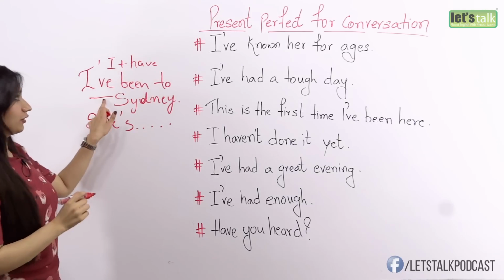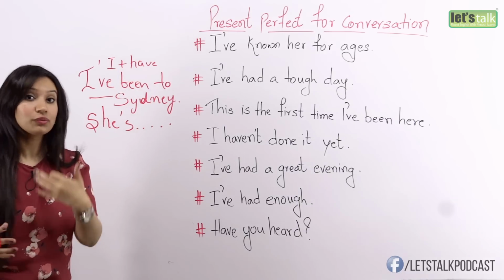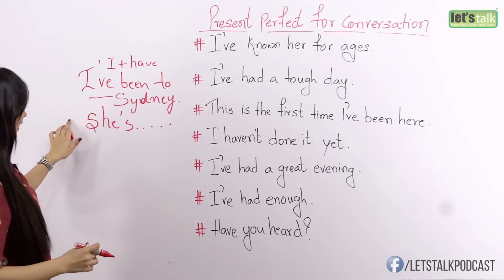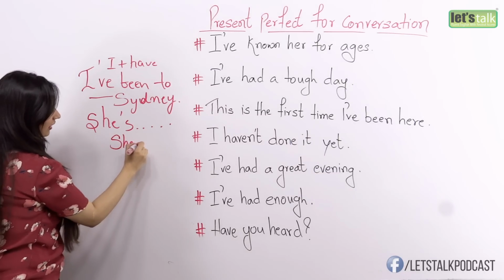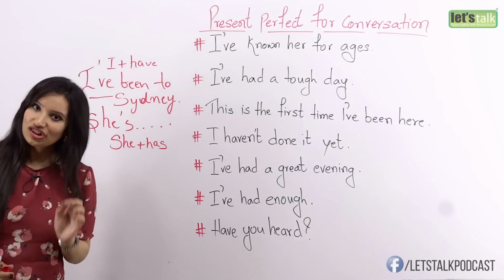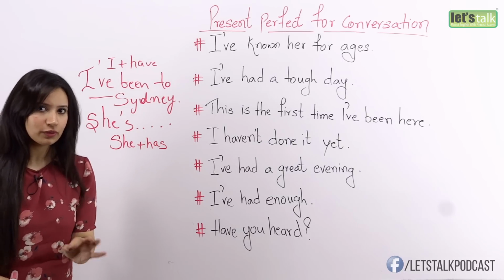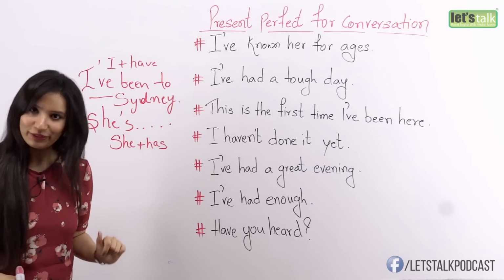So this is a contraction for I plus have, which means I've, pronounced as I've. And she's is a contraction for she plus has, and it's pronounced as she's. Please don't confuse it with she is. It's she has. Be careful about that.